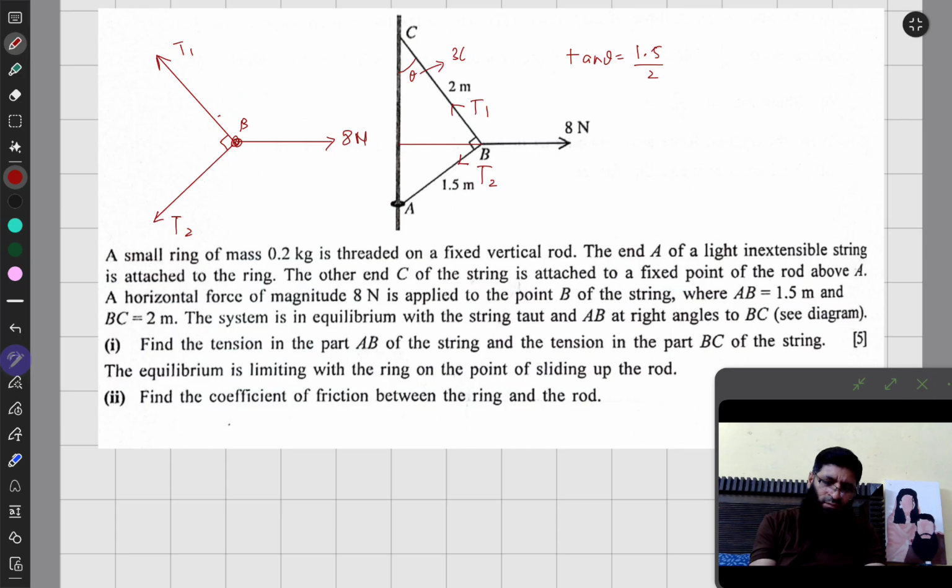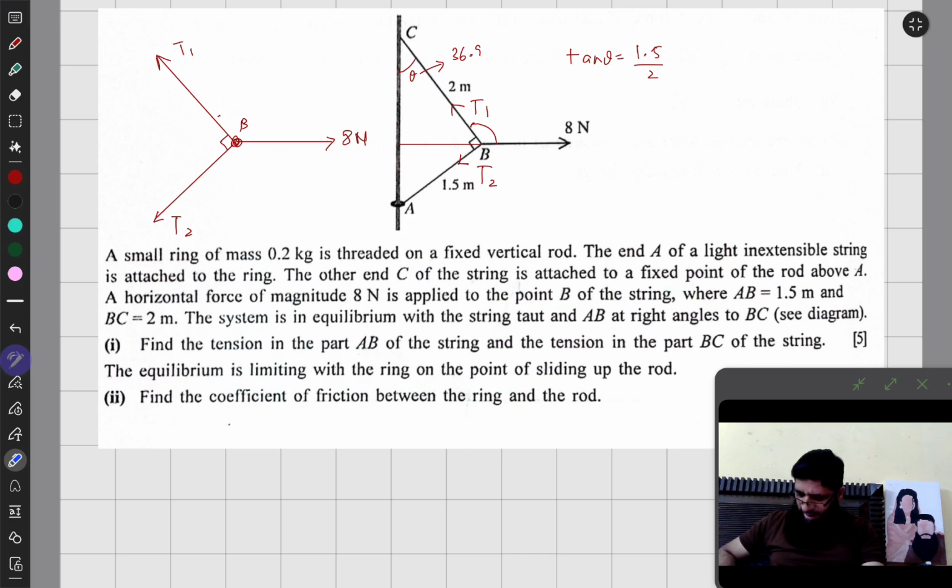This angle will be 36.9. And so this angle will be 90 plus 36.9, because you can see that any exterior angle is basically the sum of the opposite interior angles.